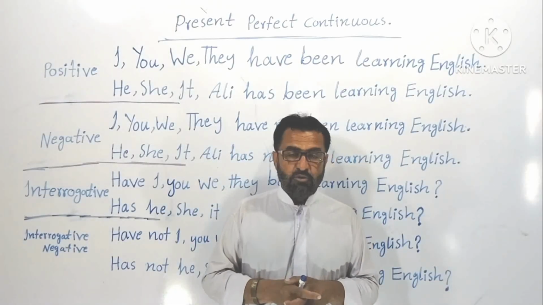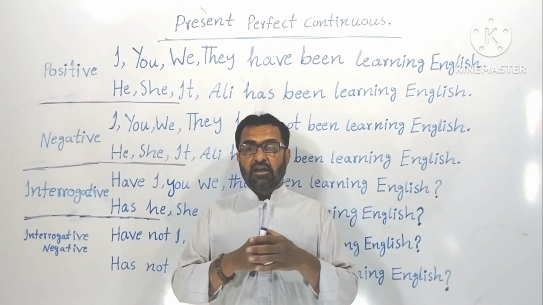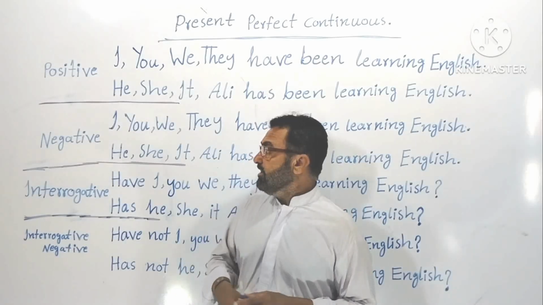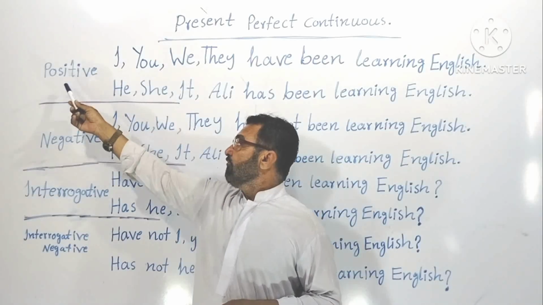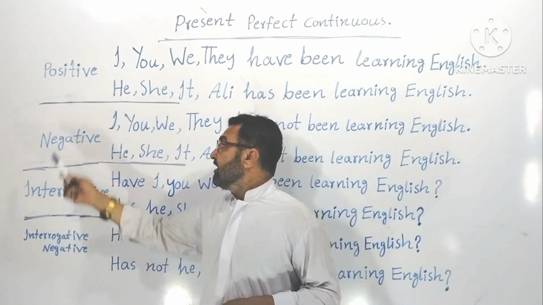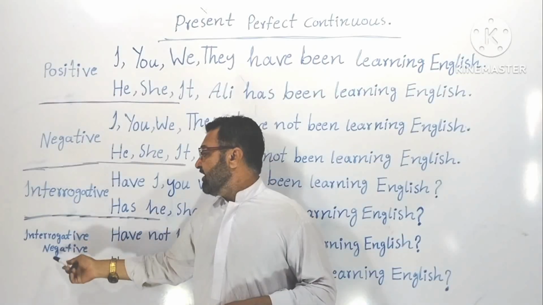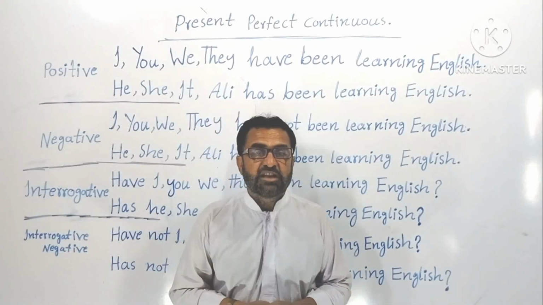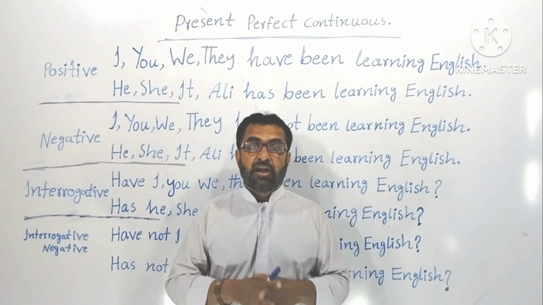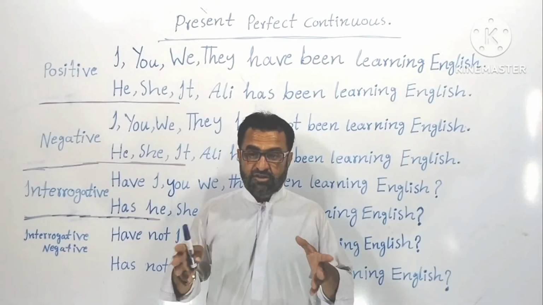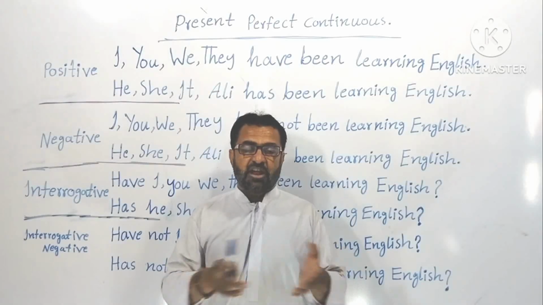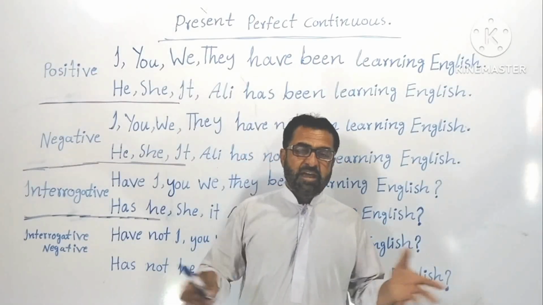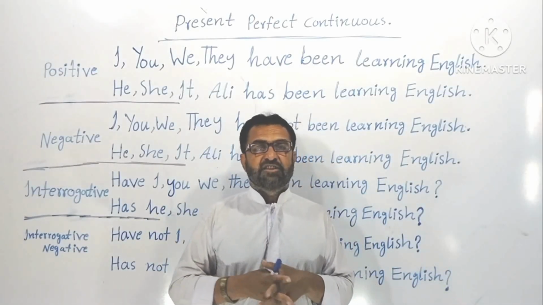And here I would like to give you one thing that you can see I have written here, we have written the versions of the sentence. You can see positive, negative, interrogative, interrogative negative. Now these are the versions of the sentence, not those kinds that you can say affirmative, optative, interrogative, or imperative, many more, 5 kinds of sentences.